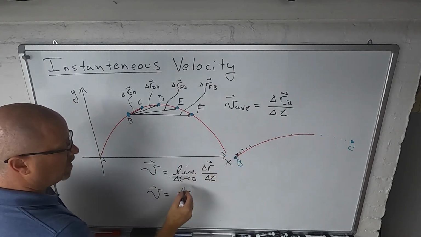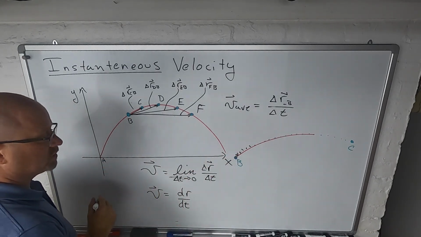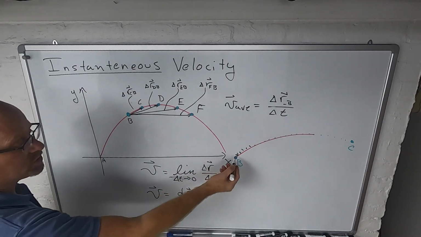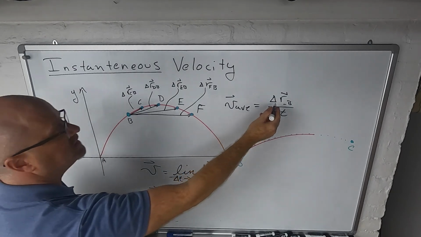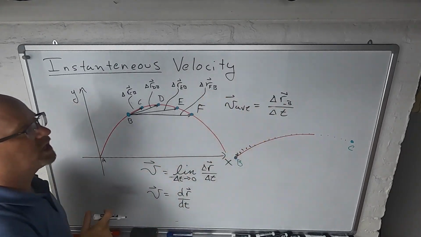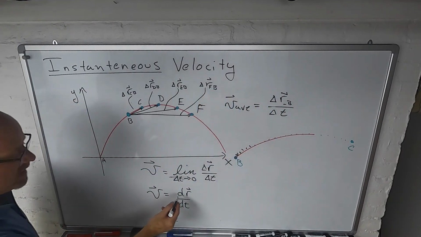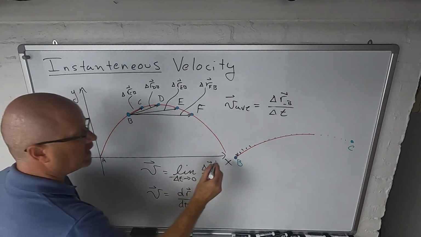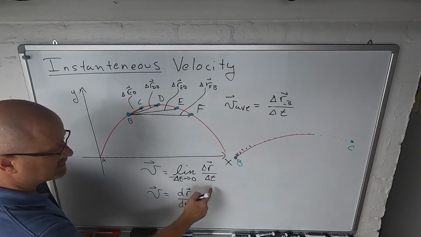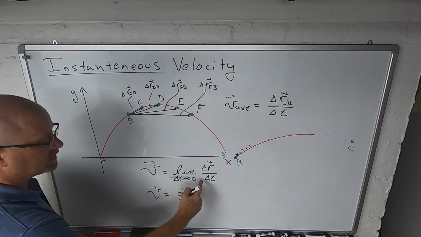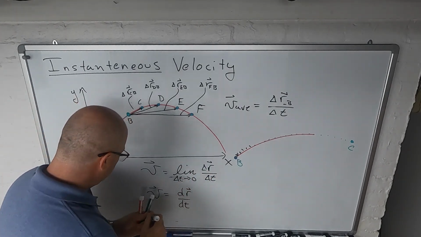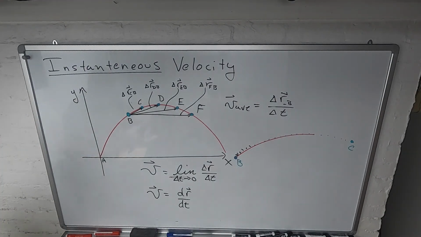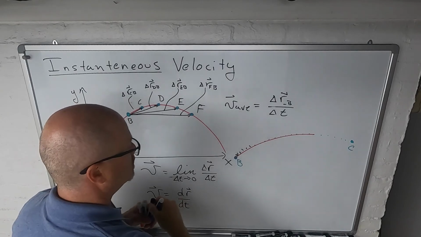My vector delta r becomes a differential vector, a very small piece of a vector, the change in position becoming a differential, dr. And dr divided by this limiting value of delta t going towards 0 gives me a value for the instantaneous velocity that looks a little something like this.